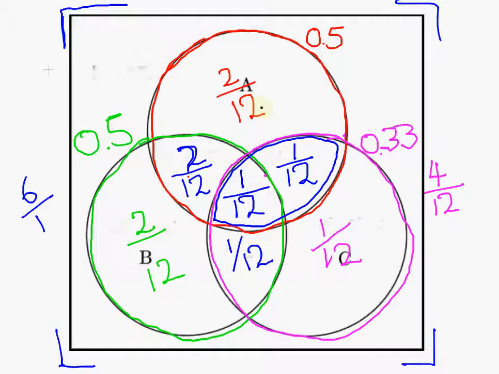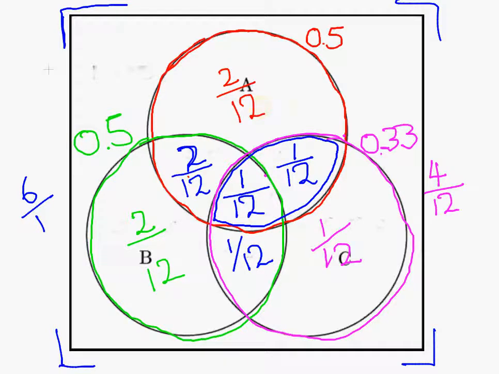Now, I haven't actually computed the probability of being outside A, B, or C yet. But if we were to sum all of those up, we'd find pretty quickly that the sum total is 10/12. All of those regions account for 10/12, or in other words, 5/6.